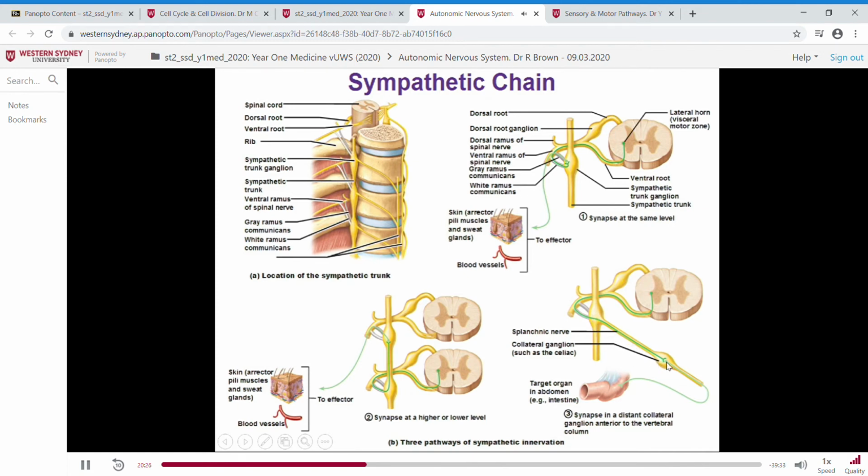And it'll synapse with another ganglion down further or away from this trunk, and then go to its target organs. Does that all make sense so far?